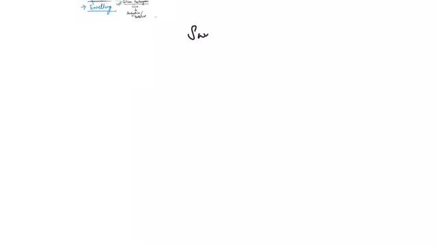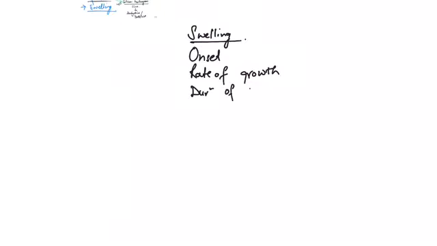So for the swelling, you will ask the onset, the rate of growth, duration, since when the swelling is present, whether any pain is present or not, and you must ask about any symptoms of primary or secondary thyrotoxicosis.